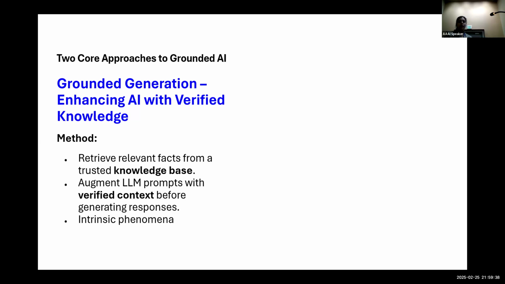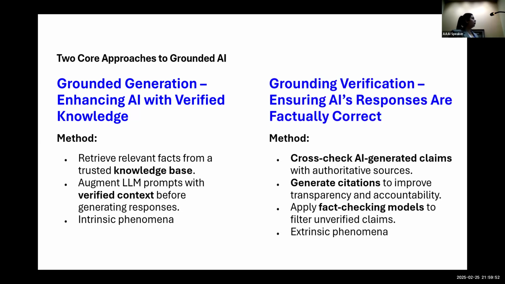The knowledge base is created by verifying each piece of knowledge from the databases, and it is an intrinsic phenomenon. The second approach is grounding verification, where we cross-check each claim with authoritative sources and apply fact-checking models, and it is an extrinsic phenomenon which is done after we generate our answers.